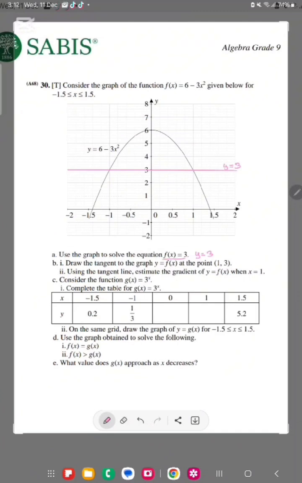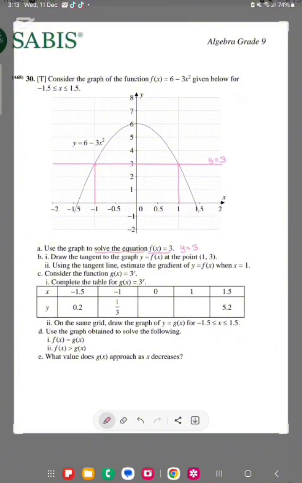When they tell you to solve the equation, you're going to want to find the solutions. The solutions of this equation are the points of intersection of the two functions. The abscissas of the points of intersection, their x, like their points on the x line, are the solutions of the function.